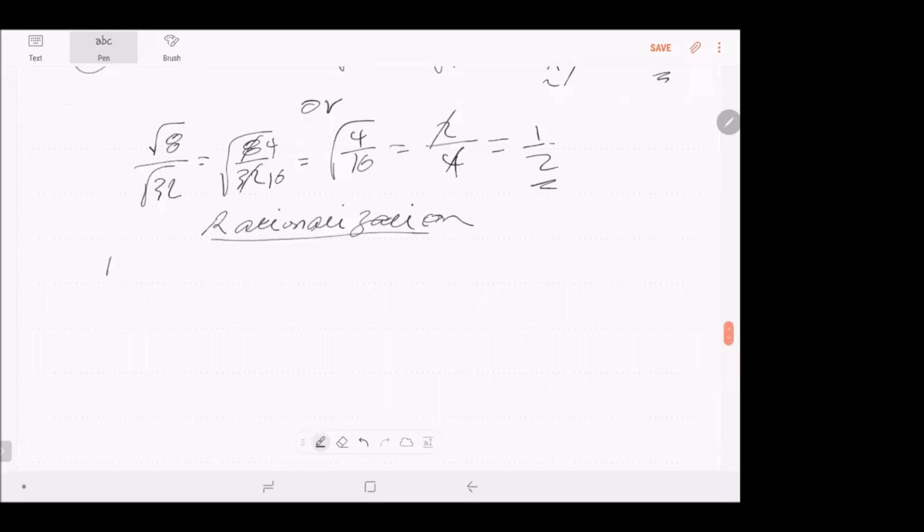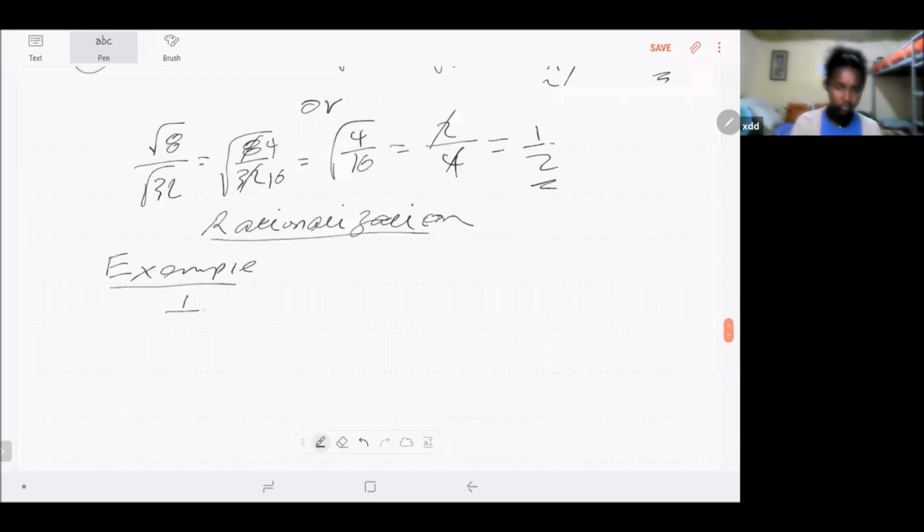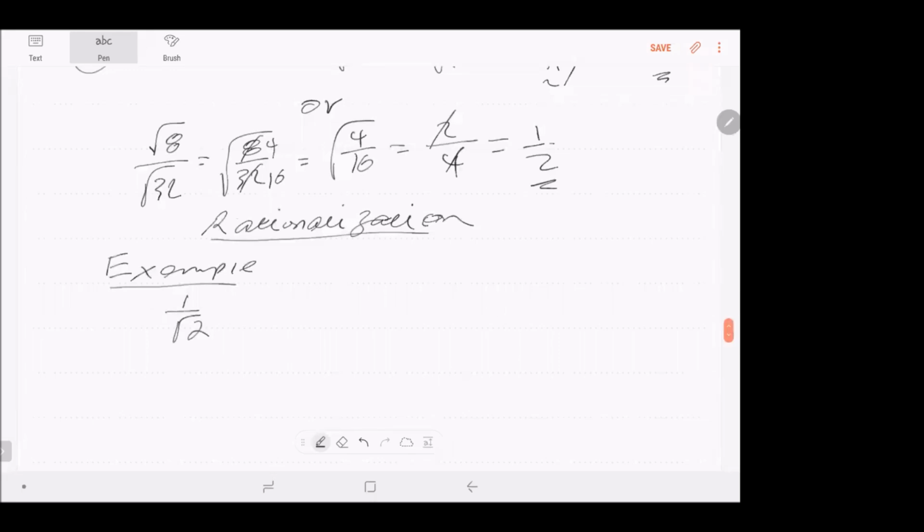Okay, let us consider one example. Rationalization means it is a process of converting an irrational denominator into rational. Remember, the square root of any non-perfect number is considered an irrational number, for example the square root of 2, the square root of 3, the square root of 5, the square root of 6, and so on.